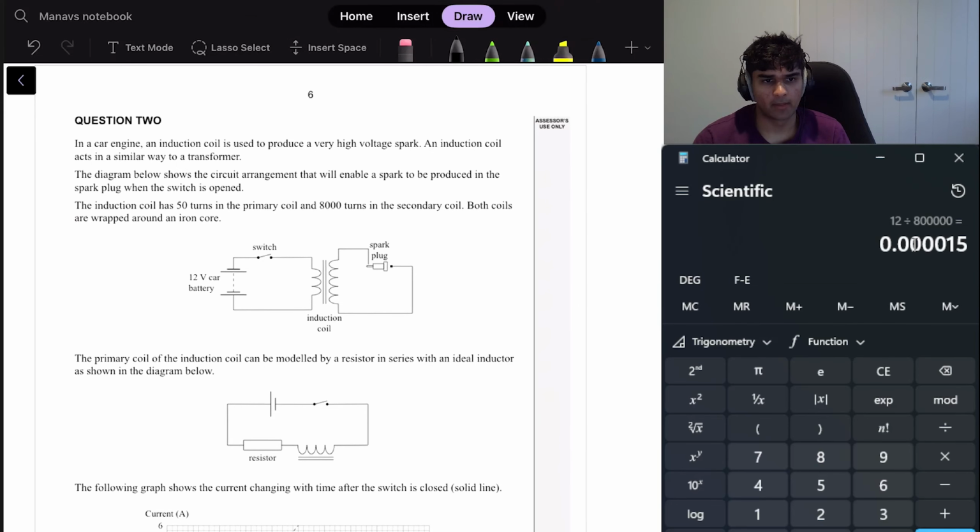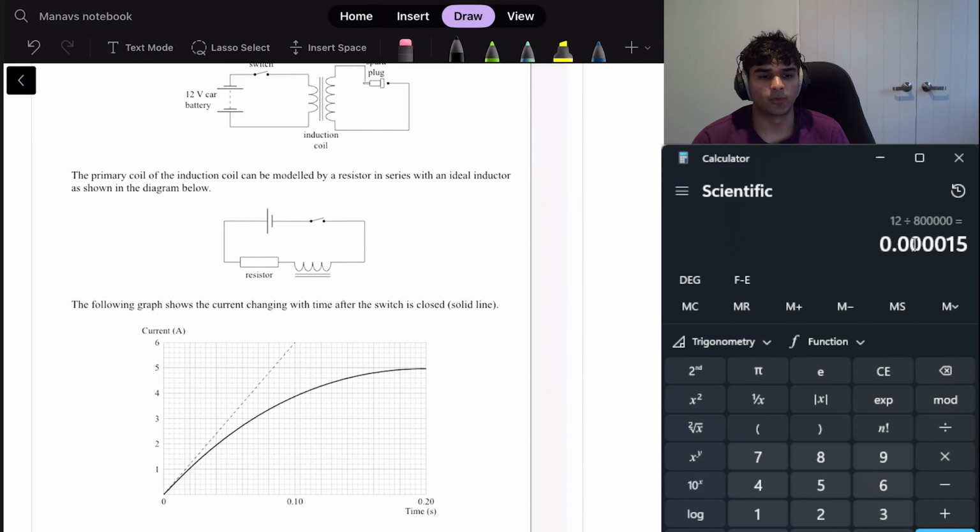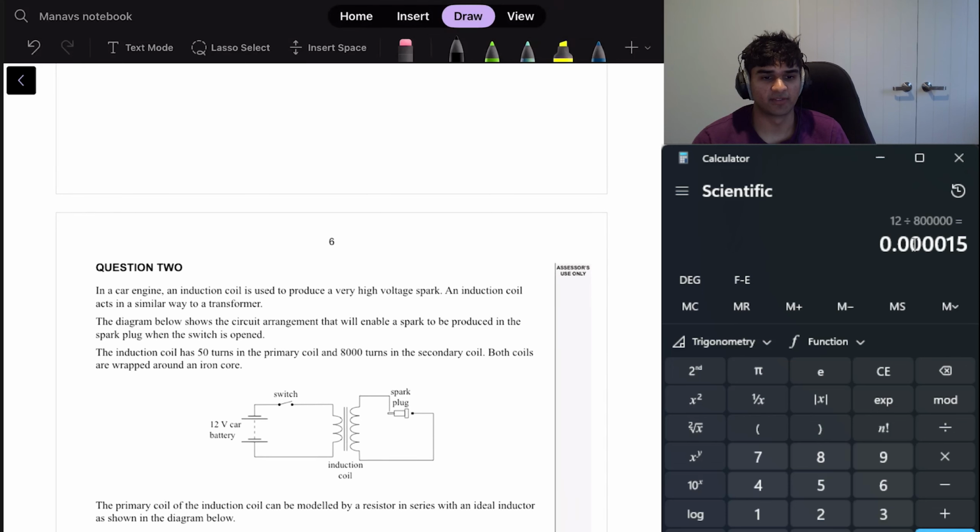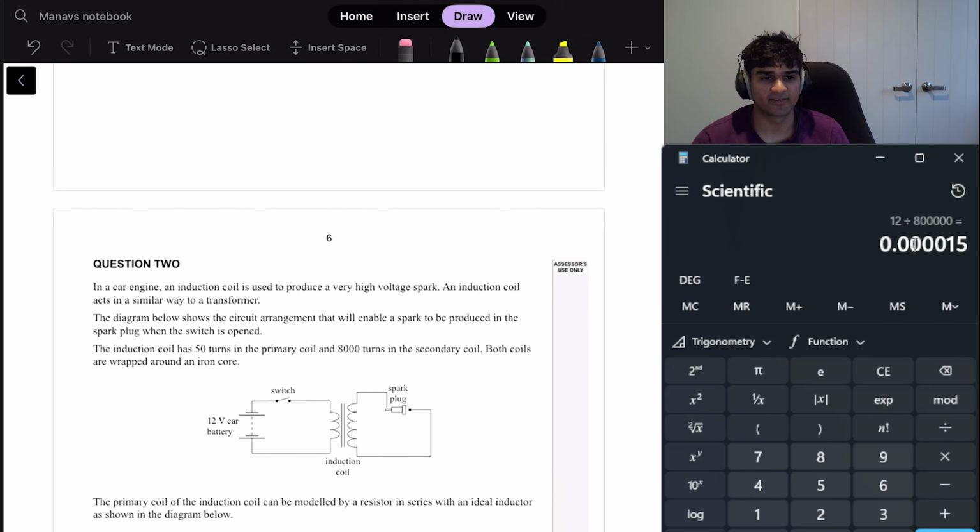Oh, what is this type of question? I think I've done this in the past. In a car engine, an induction coil is used to produce a very high voltage spark. An induction coil acts in a similar way to a transformer.